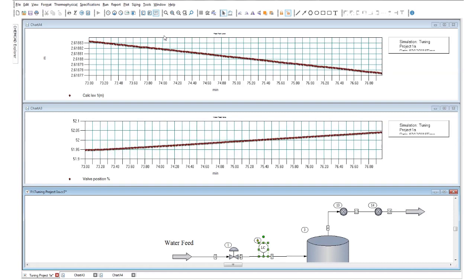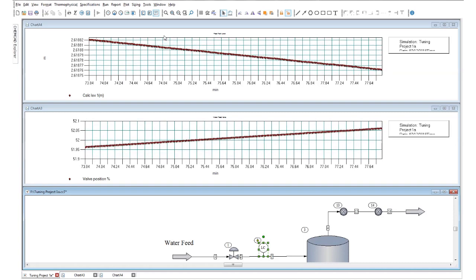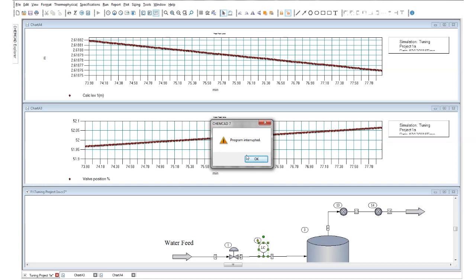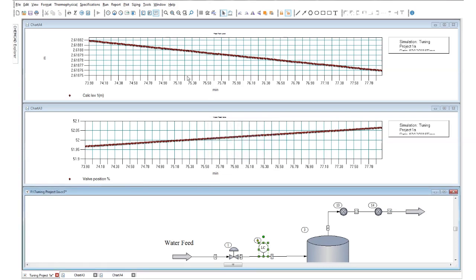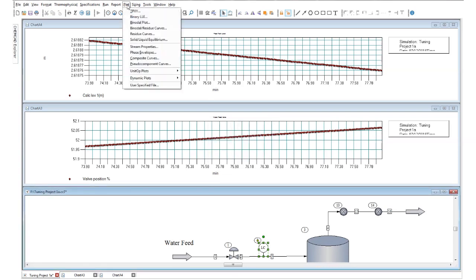So I'm going to hit escape, and under my plot menu, I'm going to go down to dynamic plot and look at dynamic unit op history.